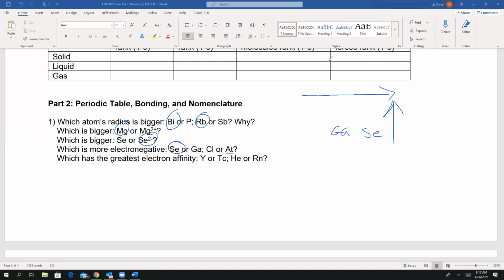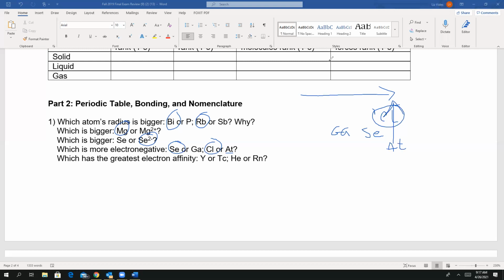If chlorine is over here somewhere, put it right here, and astatine is over here somewhere, obviously it's going to be chlorine, right? Okay.